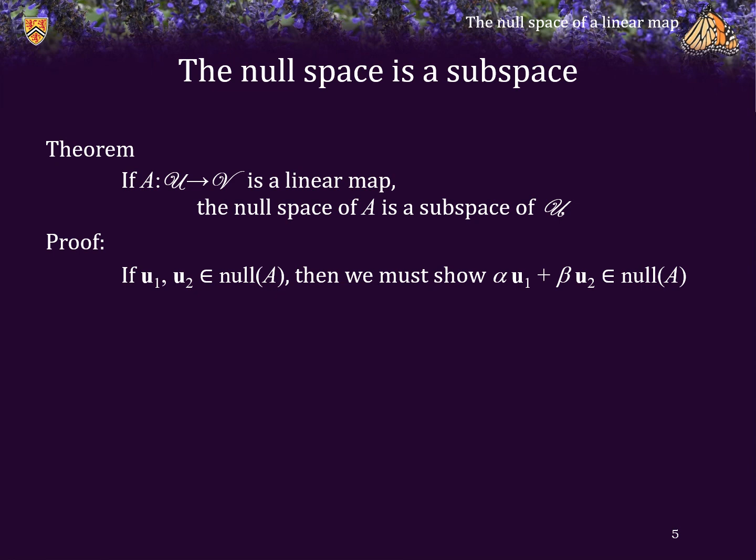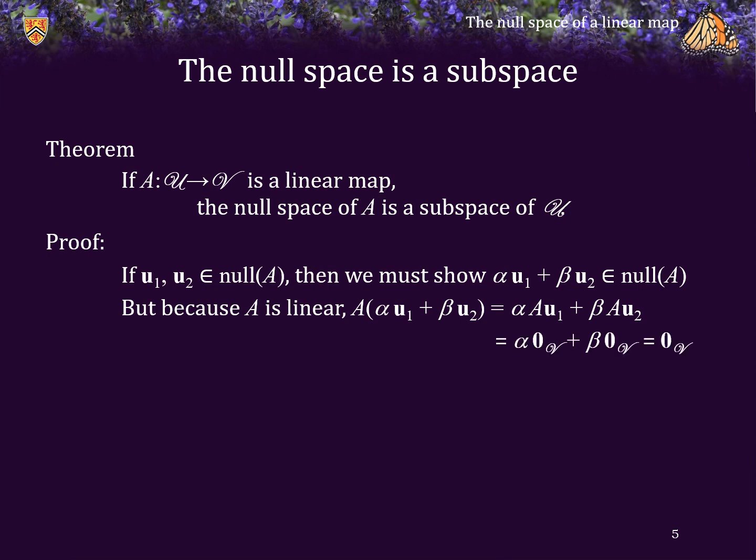Proof: well, if u1 and u2 are in the null space of A, then we must show that a linear combination of these two vectors is also in the null space. But wait a second, A is linear. So if we apply A to the linear combination, then that is simply the same linear combination of A applied to each of the vectors. But both u1 and u2 are in the null space.